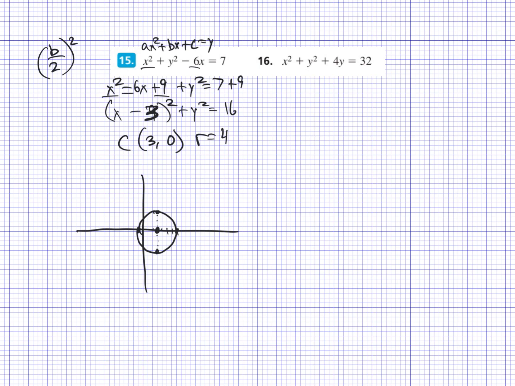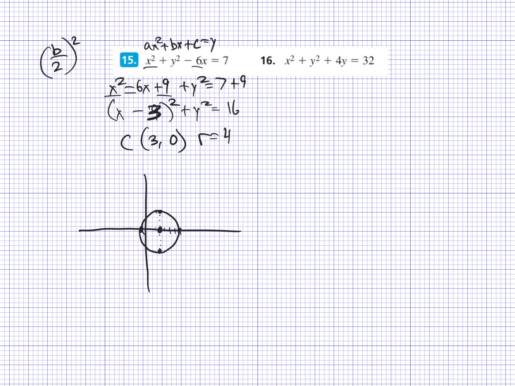All right, number 16. The y's are now in a position to do completing the square. So again, half of b is 2, and we square that, and you get 4. Add 4 to both sides. Now I left it in parentheses because really it comes down to how does this trinomial factor?